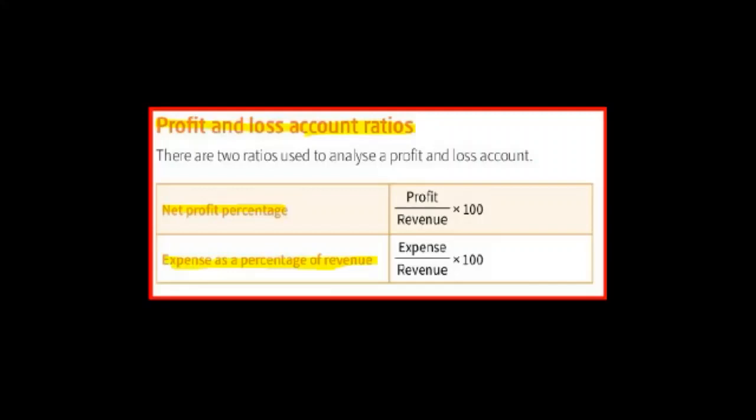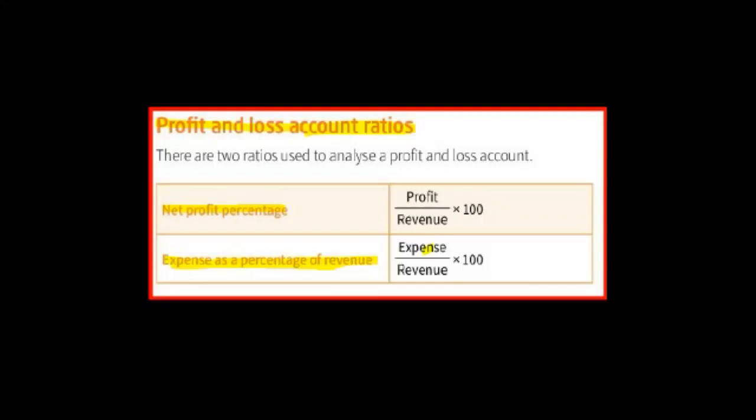We can use the total expense to revenue, or we can pick any individual expense and compare it with our revenue. This one would be profit over revenue or sales, multiplied by 100, and we'll get a percentage. Expense over revenue, multiplied by 100.